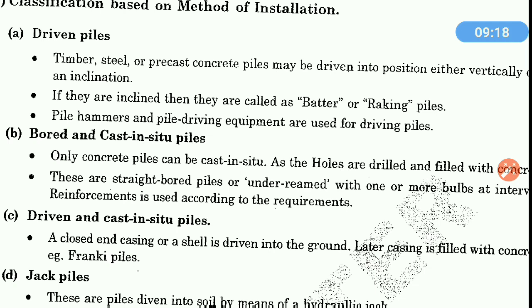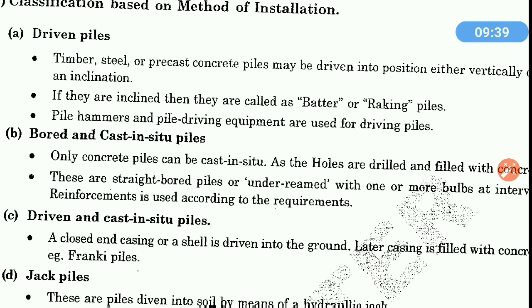Only concrete pile can be cast in situ, as we know that we can't set up a whole steel factory nearby a concrete installation site, or we can't grow a timber in a pile hole or pile pit, but we can do concreting in a pile.